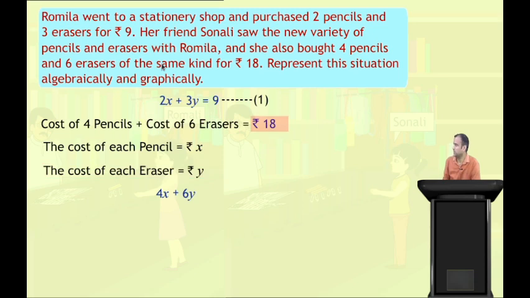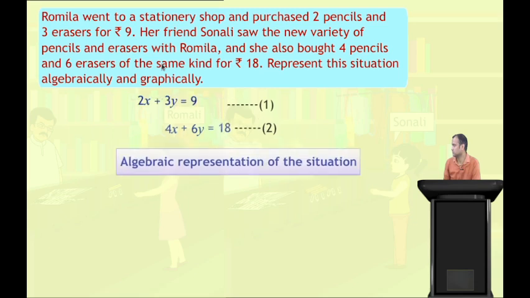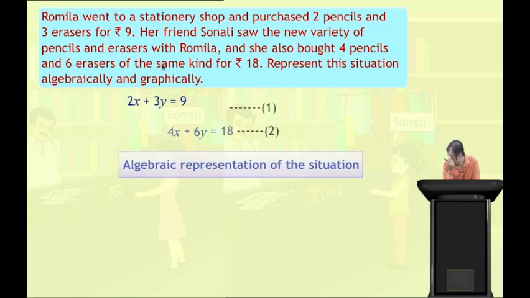So it is represented by 4x plus 6y equals 18. So this is our second equation. So here you can see we have made two equations, which is called algebraic representation of this situation. 2x plus 3y equals 9, and the next one is 4x plus 6y equals 18.